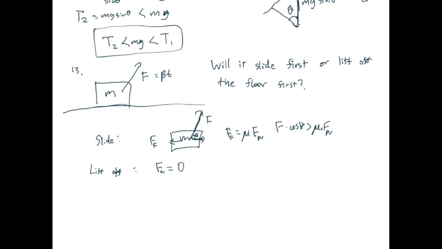Okay, so which one will happen first? Well, let's look again at what happens to the normal force. So as the applied force increases, it can almost balance out gravity. So what we have if we try to balance our forces is that the normal force plus the applied force times the sine of the angle equals gravity.